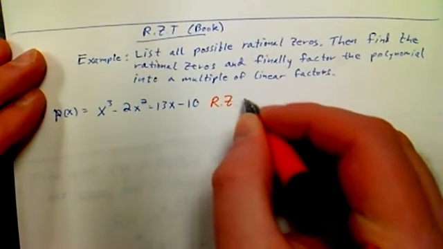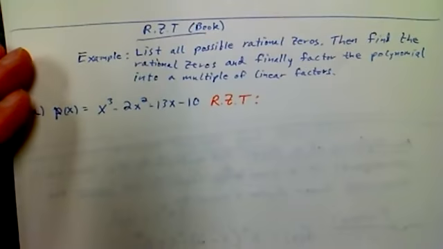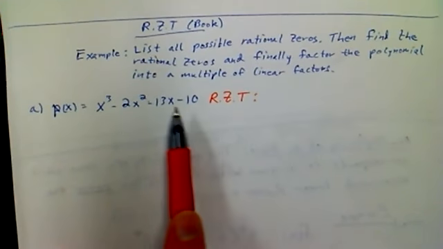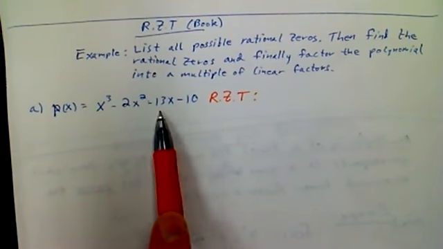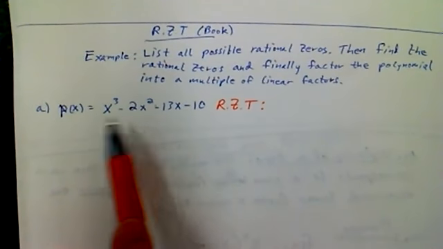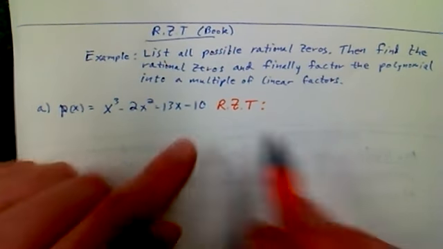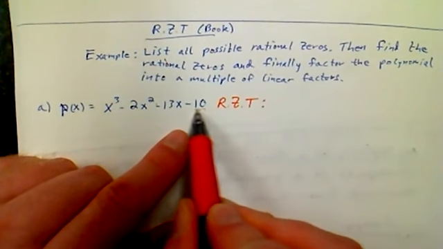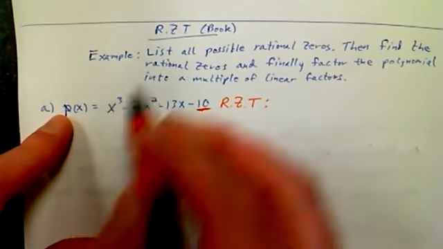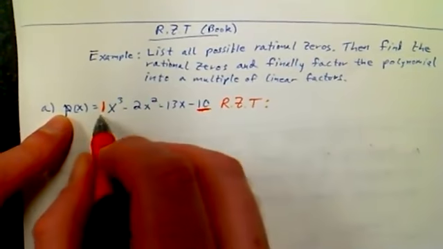So by the rational zeros theorem, all it's saying is, as long as all of my coefficients here are integers, which they are, any rational zero, so any real zeros that aren't irrational, are of the form any factors of the constant term over any factors of the leading coefficient.